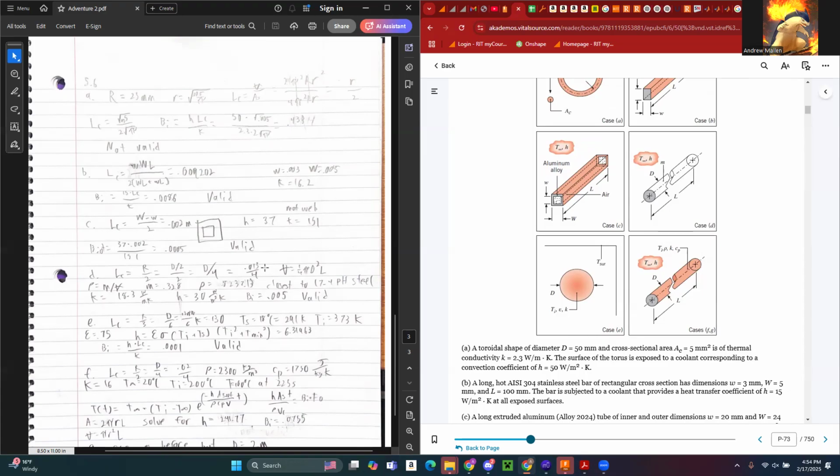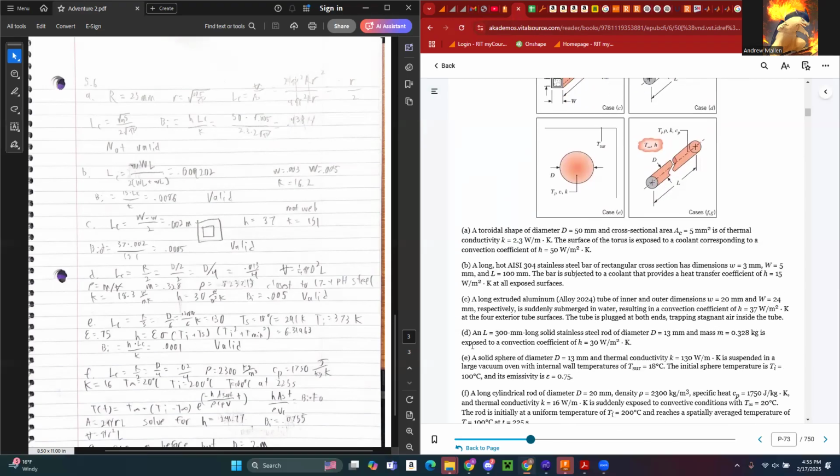Now, for case D, we are given a mass, so we need to find the density such that we can actually determine what type of steel this is.